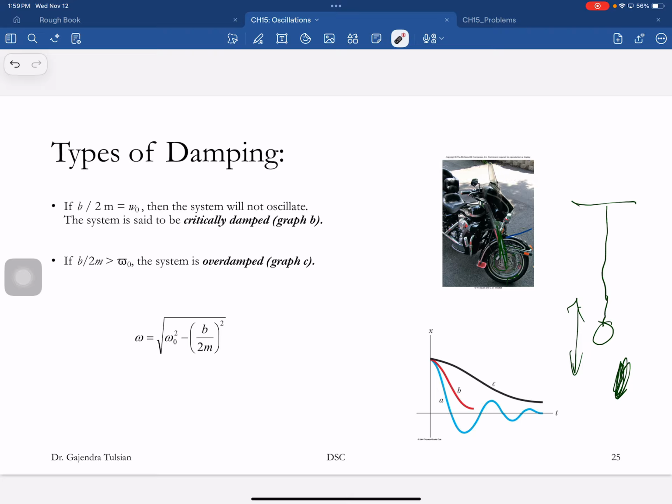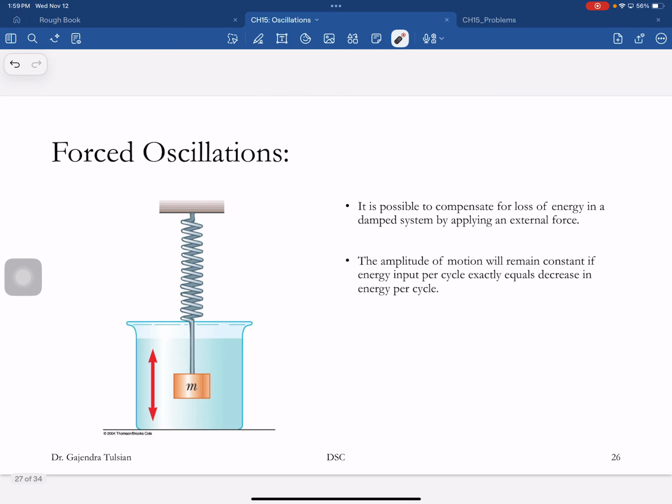And if this is too large and this is negative, the system won't even come back to its original position. And you don't want your wheel not to come back to the road. So you want to make sure that it is just slightly below that. You'll make sure that it comes back to the road and it'll oscillate just a bit. This is called critical damping. When this is equal to that, that's critical damping, and the system won't oscillate. And you want to damp your system in many cases. And again, I'll show you other systems.